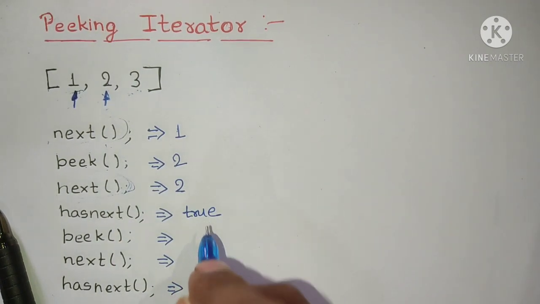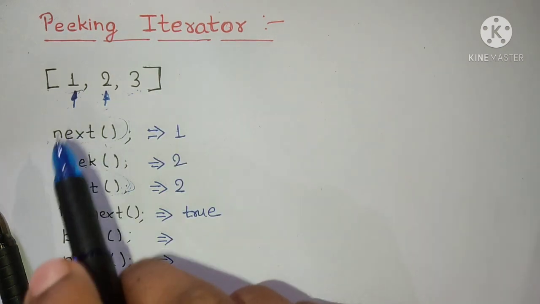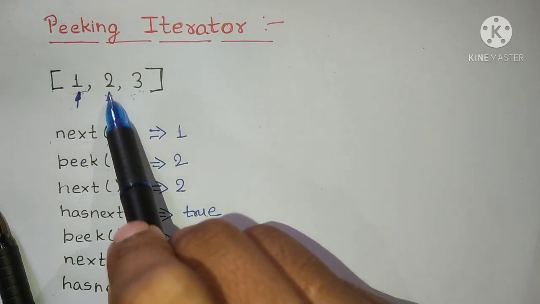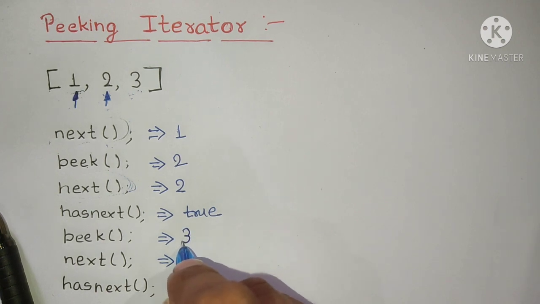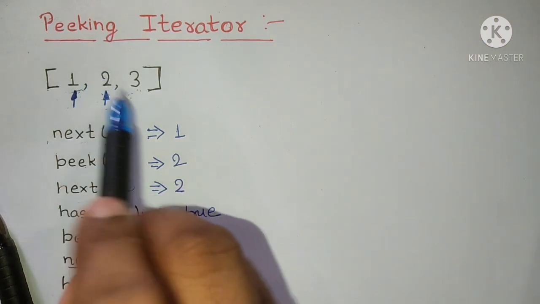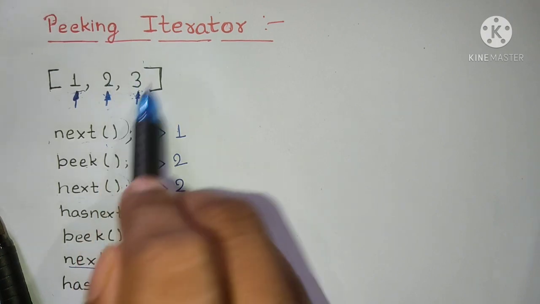And then again what will this peek do? This will see the next value and it will not increment the pointer, so it will return 3. Then what will next do? This next will increase the pointer here and it will return this 3.